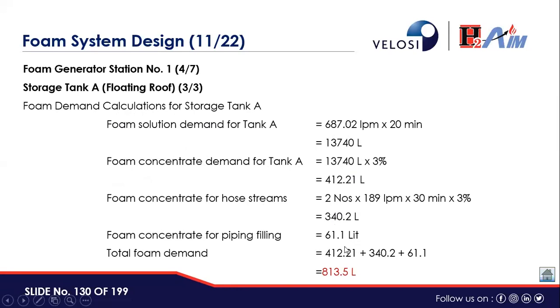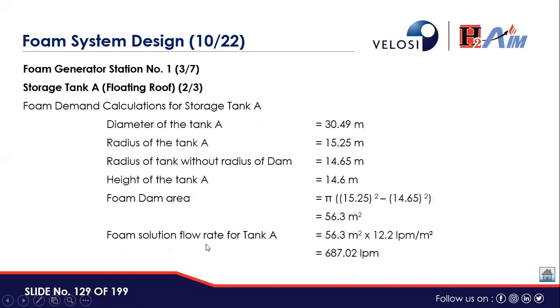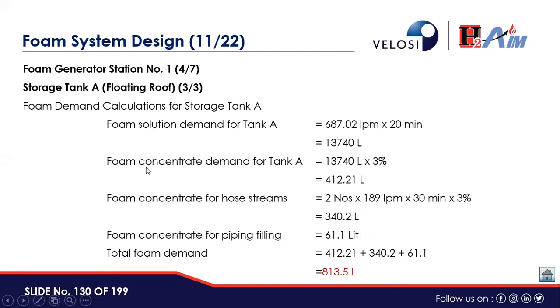So the total foam demand, we can see the foam solution flow rate for tank A, foam concentrate demand for tank A, then foam concentrate for the hose streams, and the foam concentrate for the piping filling. Total foam demand is 813.5 liters.